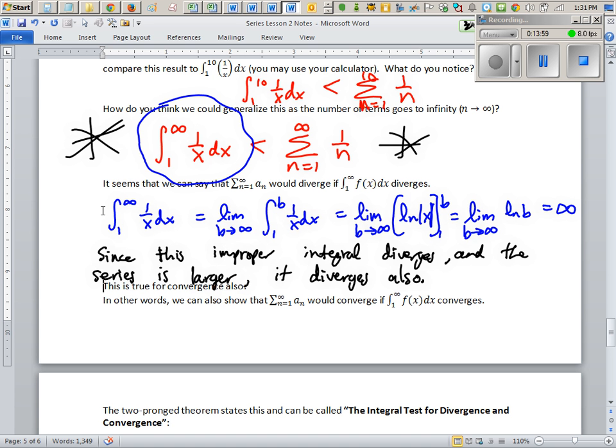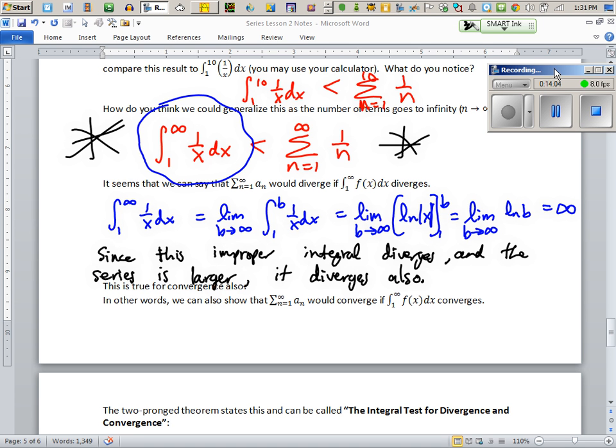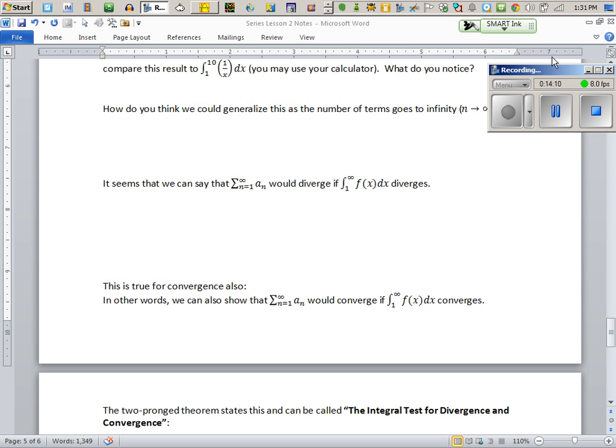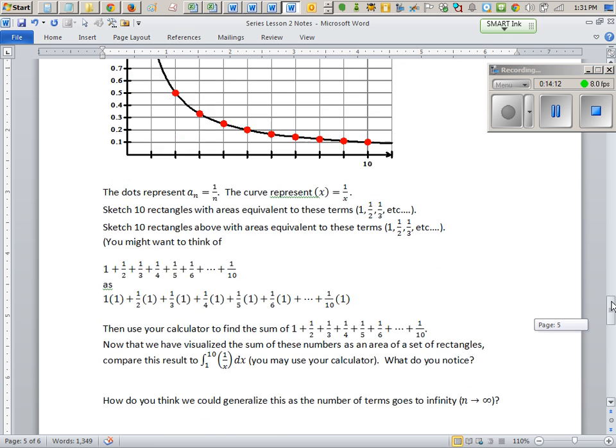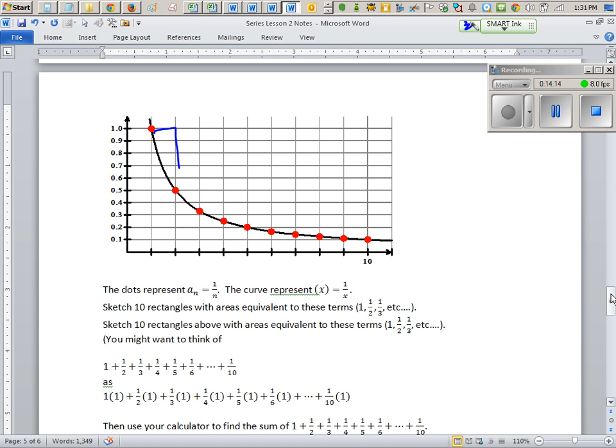So I'm just going to go back to my picture that I had earlier and draw a little bit here for you to just sort of grasp it a little bit better. Did everybody write this down so I can erase it? Okay, so watch. We'll just scroll up a little bit so you can see. We were saying basically that these rectangles have larger area than the black area under the curve, right?